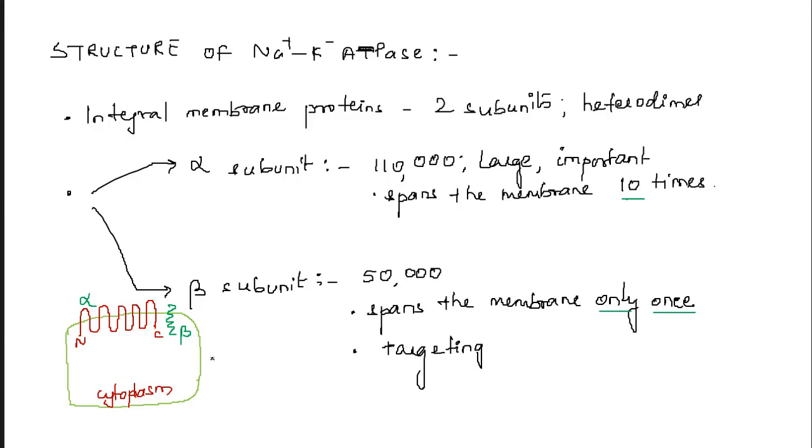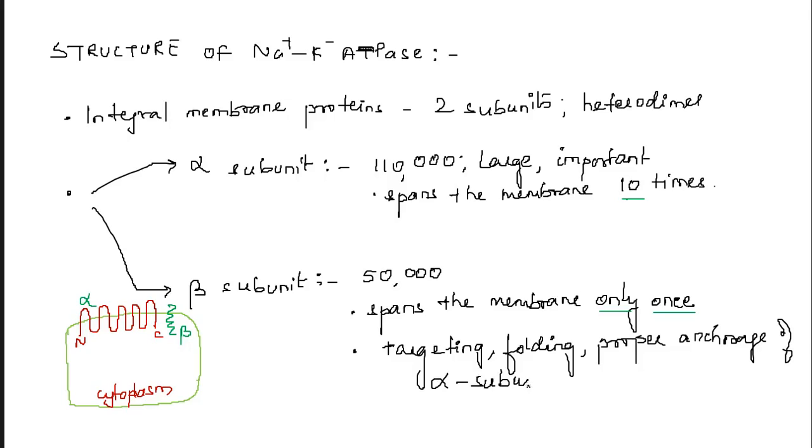The beta subunit helps in the targeting and proper folding of the alpha subunit, and helps in proper anchorage of the alpha subunit to the membrane. The beta subunit's role is finished. Then the major role is played by the alpha subunit.